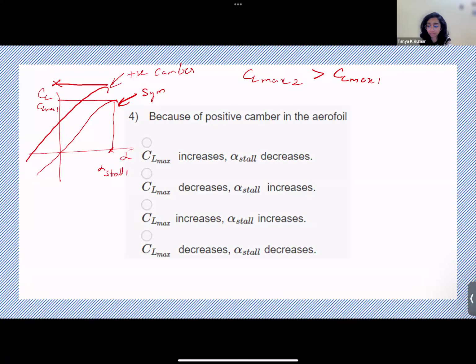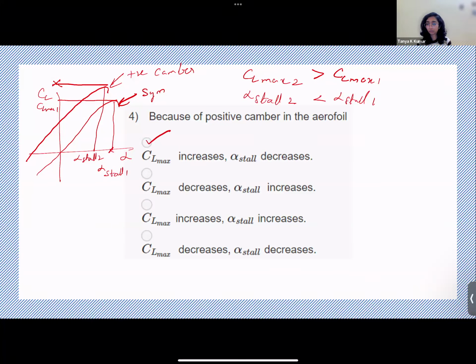What about alpha stall? It will be lesser, right? So this is alpha stall 2. So alpha stall 2 is less than alpha stall 1, correct? So that first option is the right option.